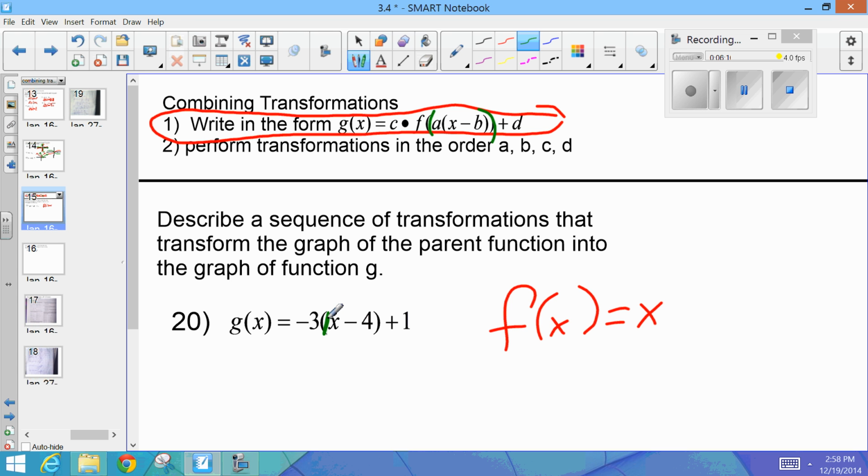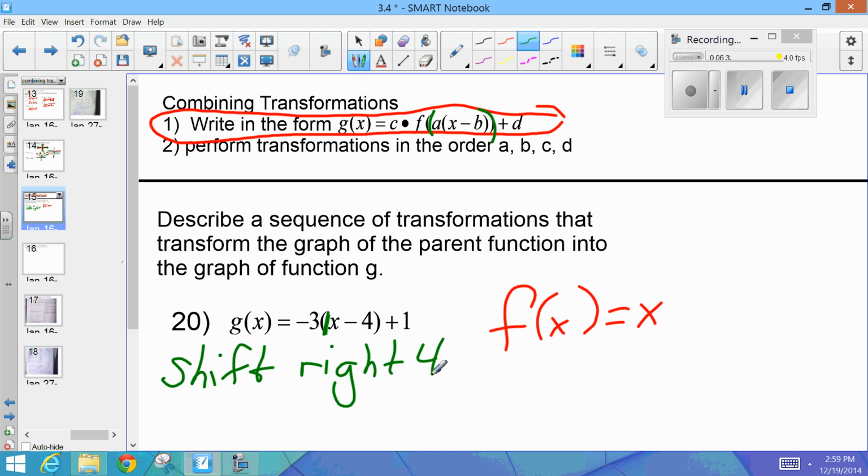I have no multiplier here inside those parentheses. So A is 1. All right, there is no transformation of A in this problem. All right, B is a shift to the right 4. Okay.